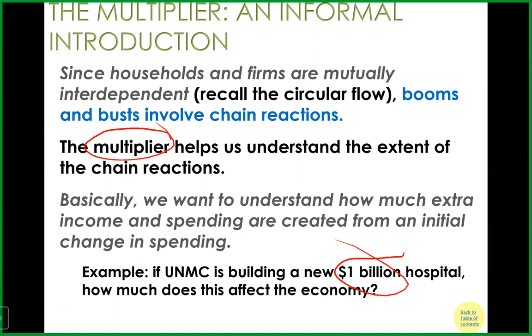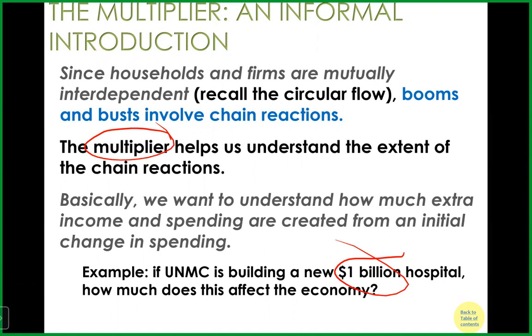I spent $500,000, and somebody else, independent of this 1 billion hospital spending, has $500,000 of income, and then someone else is going to do additional spending. So you can see there's a chain reaction.